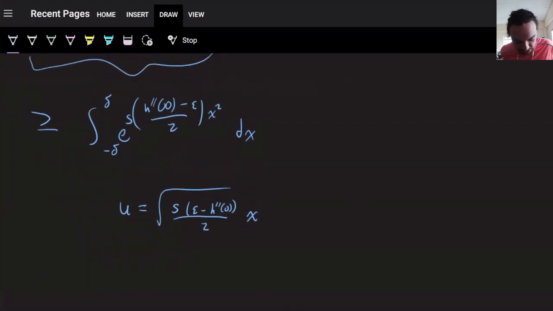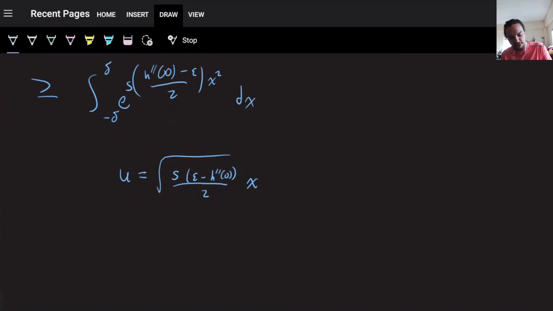Why am I doing this u substitution? When I square this, I get that u squared is equal to x squared times s times epsilon minus h double prime 0 over 2, so that when I substitute this in, I'm going to get minus u squared. So that's what I'm going to do.